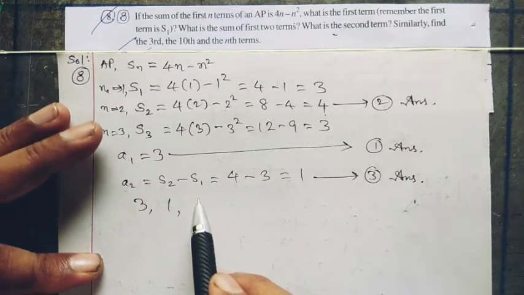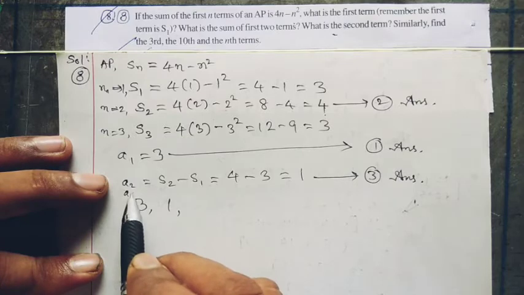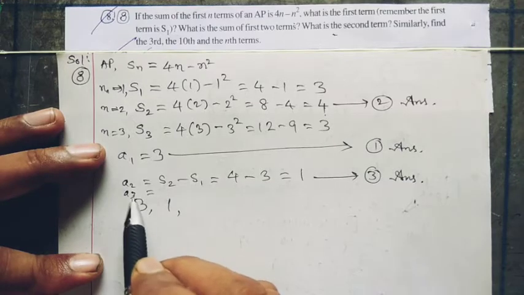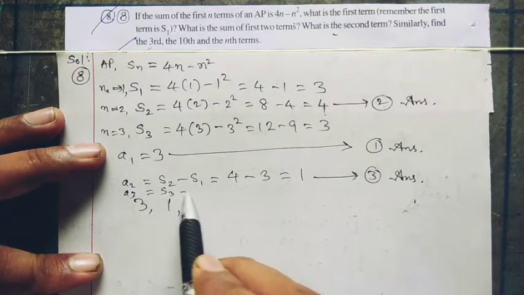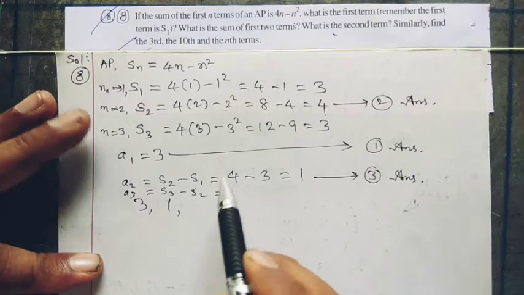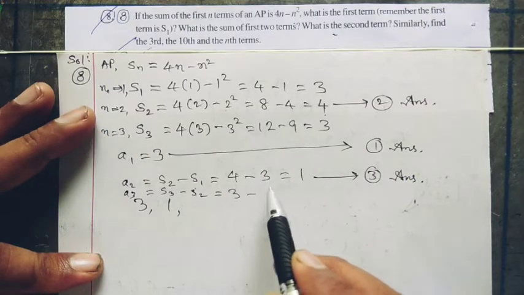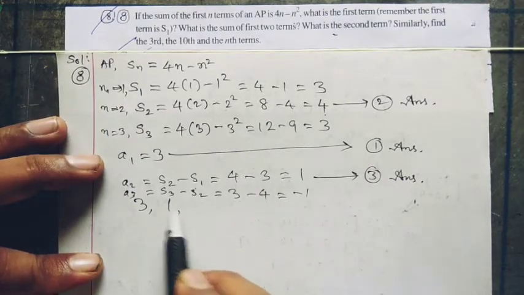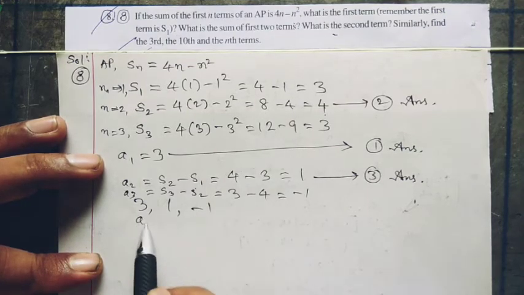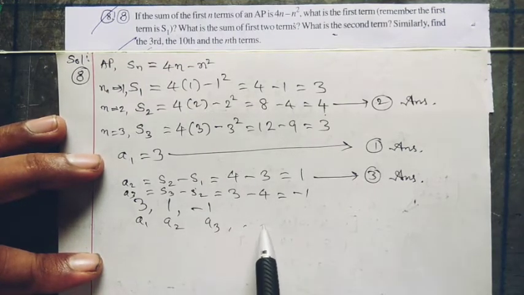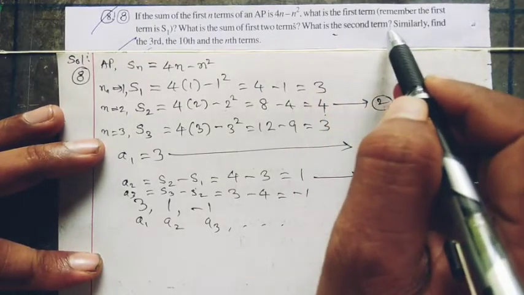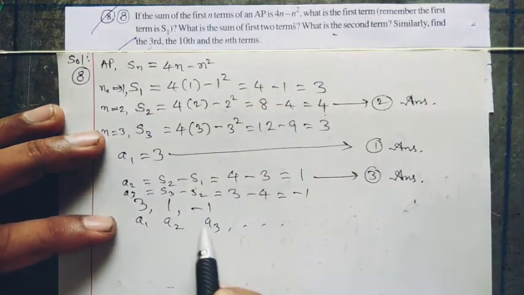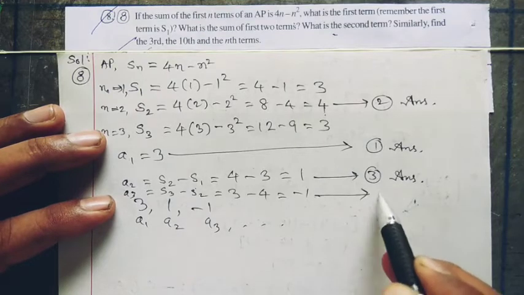Next we have to write A3 = S3 - S2 = 3 - 4 = -1. So A3 = -1. So A1, A2, A3 and so on. Now the second term is already written. Find the third term. This is the third term. Fourth answer.